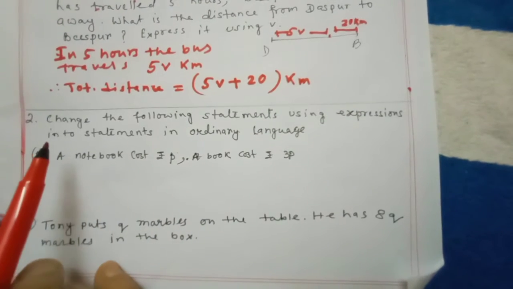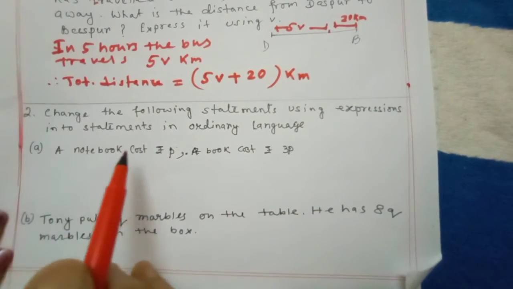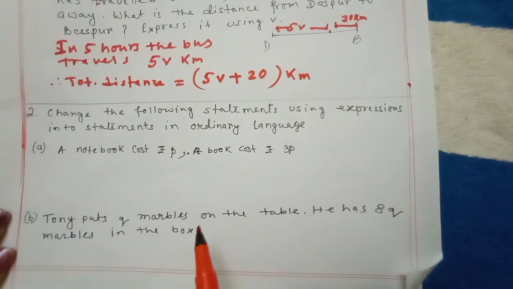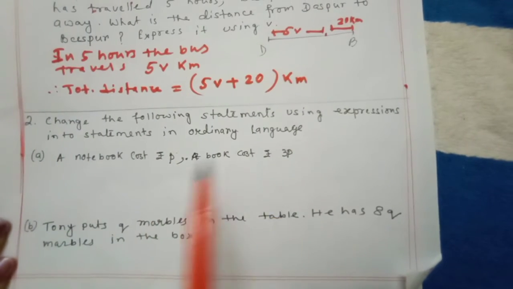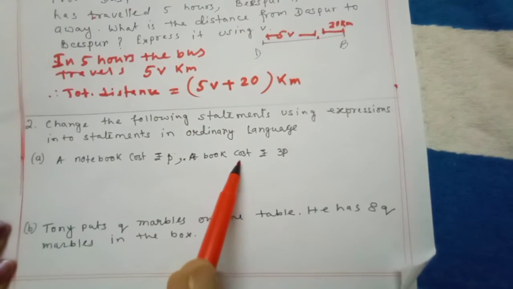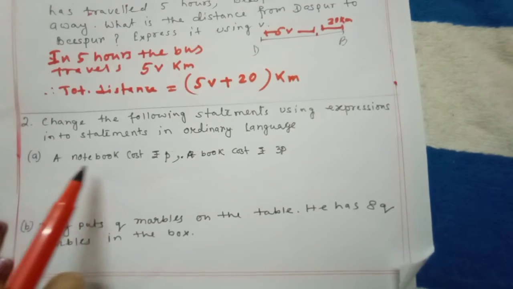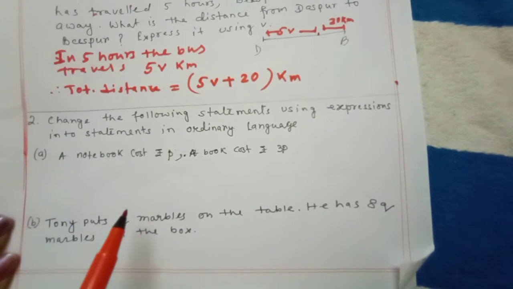Here what you have to do is change the following statements using expressions into statements in ordinary language. A notebook costs rupees p, a book costs rupees 3p. By this statement, what can you write?